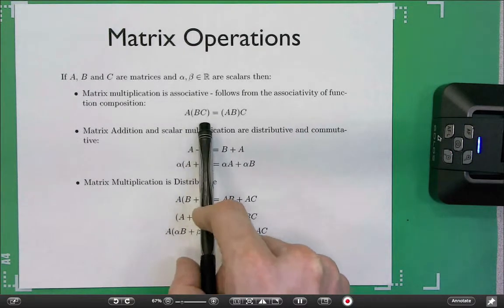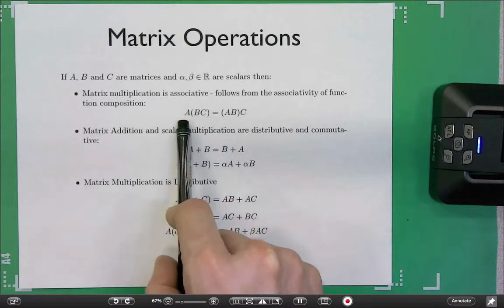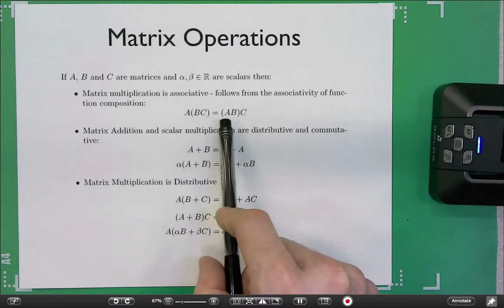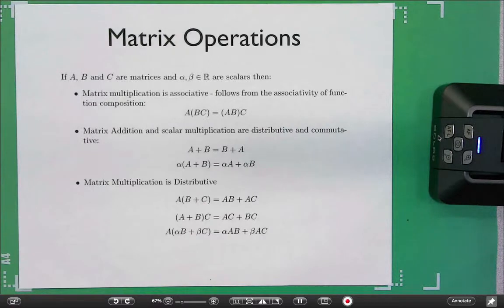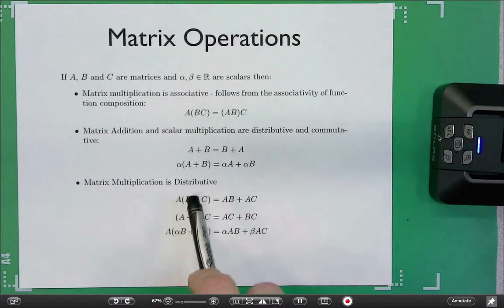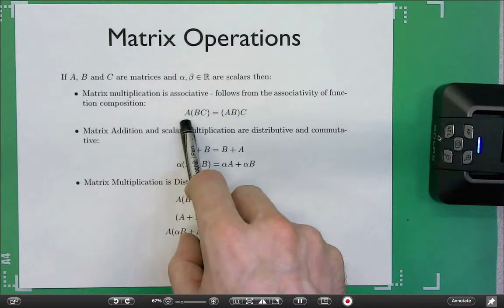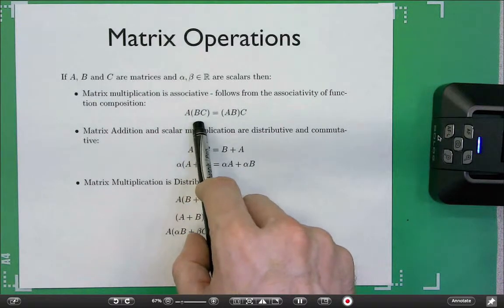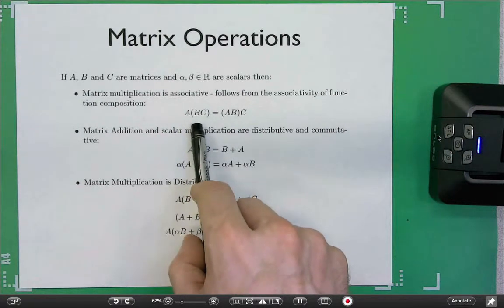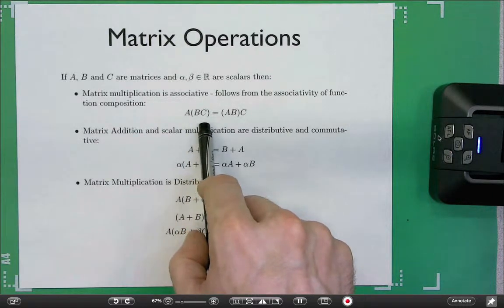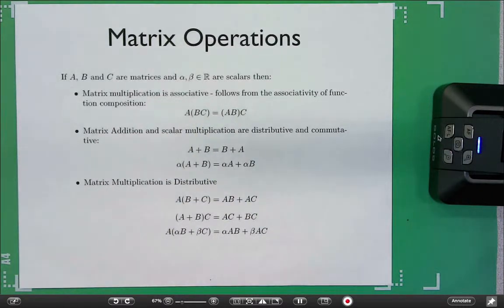It doesn't matter if I first multiply B and C and then multiply the result with A, or if I first multiply A and B and then multiply the result with C. Again, this is only defined if the dimensions match, so the number of columns of A has to be the same as the number of rows of B, and the number of columns of B has to be the same as the number of rows of C. If they are all square, it's all fine. That's simple.